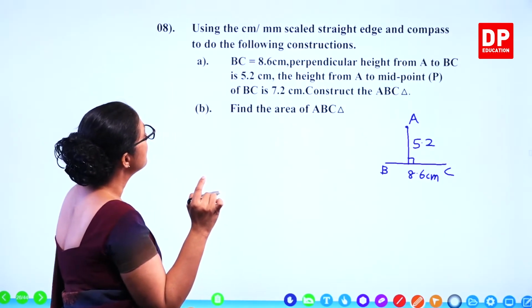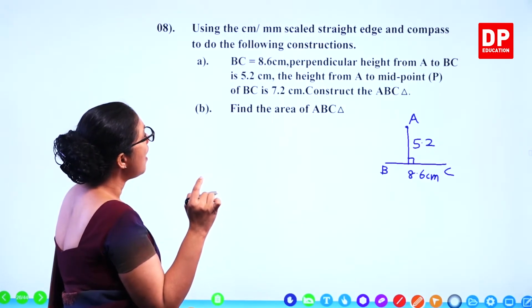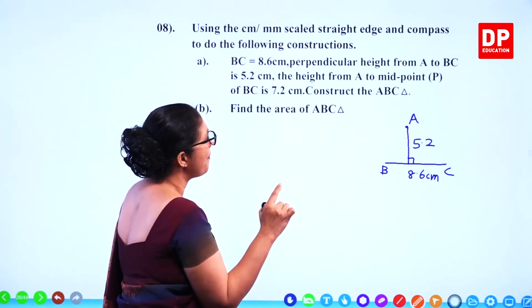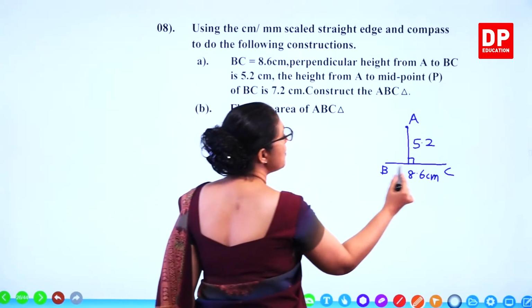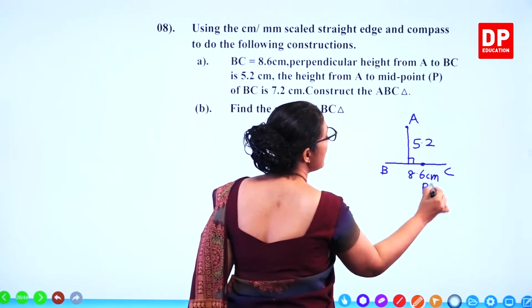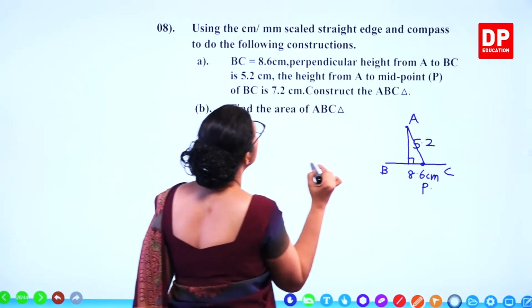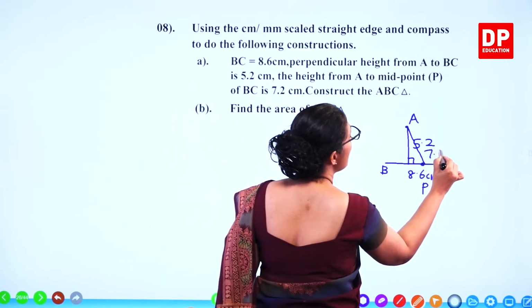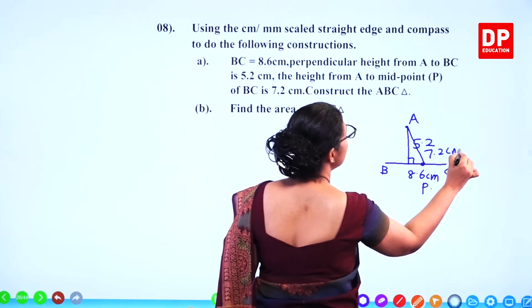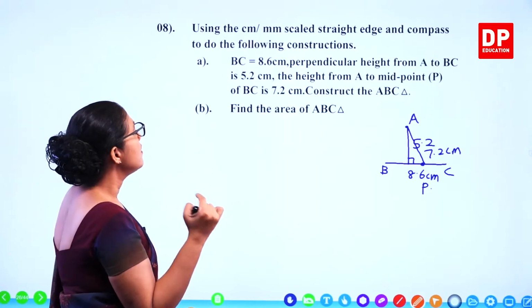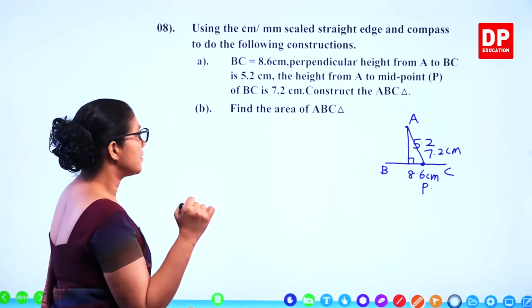Then the height from A to the midpoint of BC, let's call it P. So if this is the midpoint P, this height is 7.2, not the perpendicular height. That's 7.2 and you're asked to construct the ABC triangle.